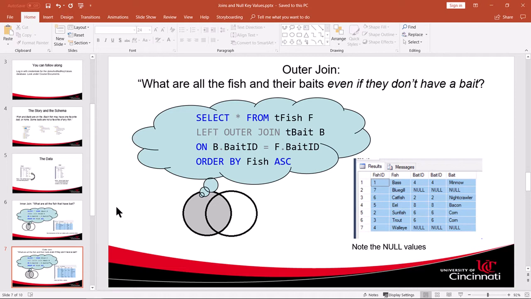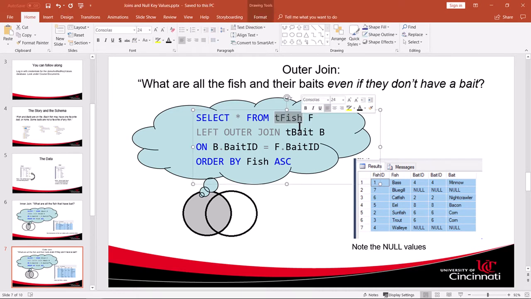Now, a left outer join simply means that the first table in the join is the left-hand table and the second table is the right-hand table. So in this case, we're asking for a left outer join where fish is the left-hand table and bait is the right-hand table.